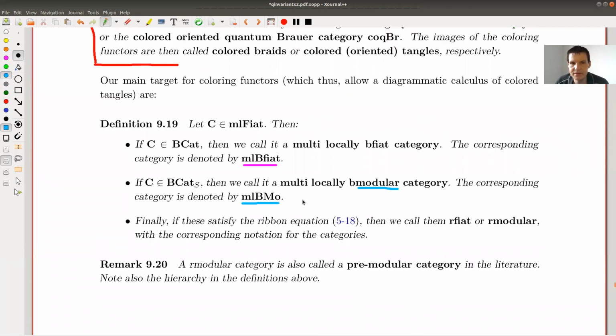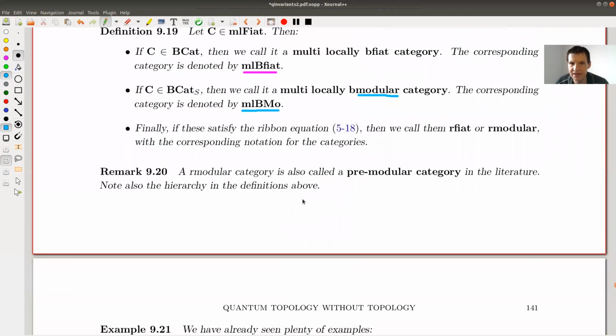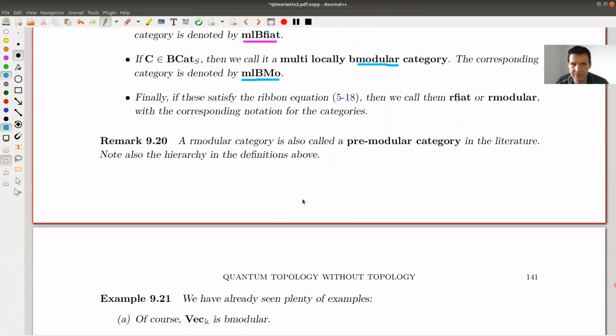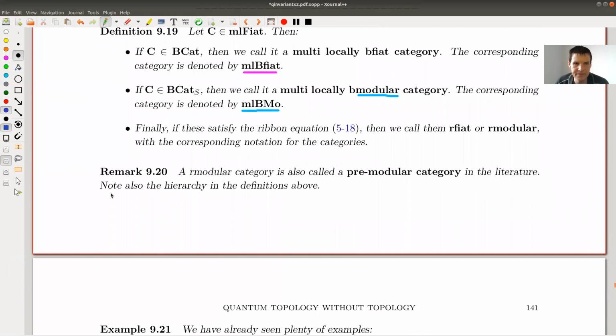There's a certain hierarchy that I'm not going into in detail, but you need to be careful that the literature is not really consistent about what they call modular or braided fiat or whatever. So we'll just be careful.